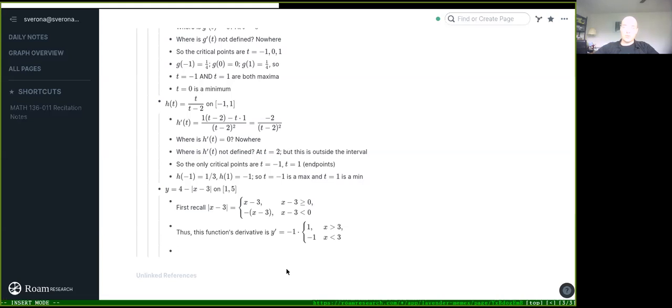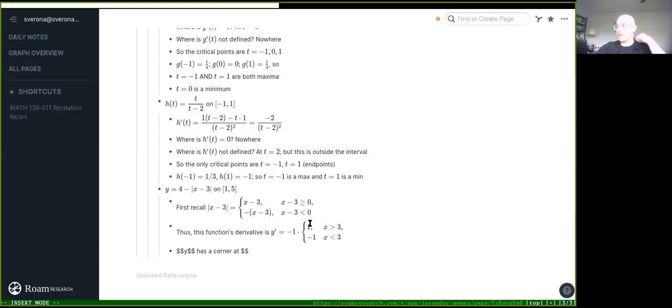And so what am I going to do here? Well, there's two things I need to look for. The first thing I need to remember is that absolute value has a corner at the base of the V shape, which means it's not differentiable there.